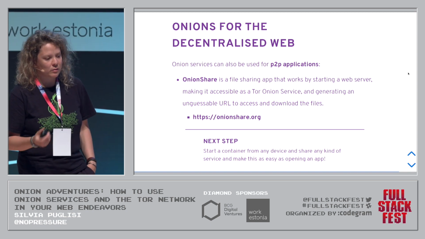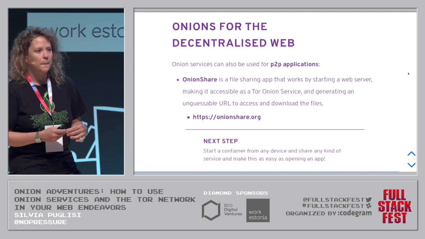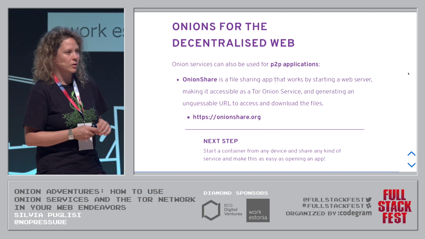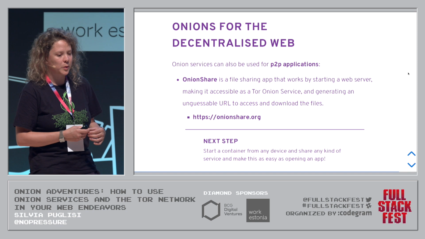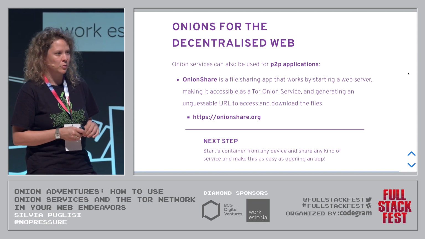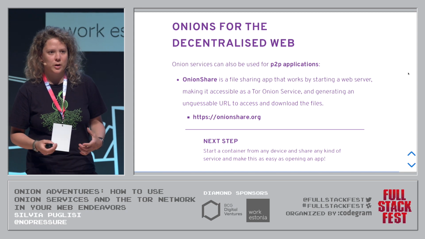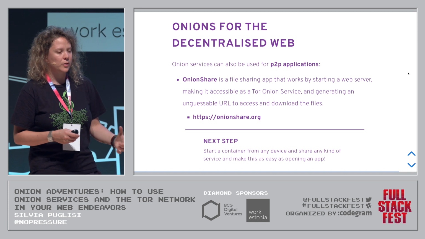So the other idea was, what if we use this property of Onion services, and we start building applications that are peer-to-peer, for example, or we start using Onion services because we want to share the prototype of an application that I've been working on my computer, and I just want to share it with a coworker, for example.